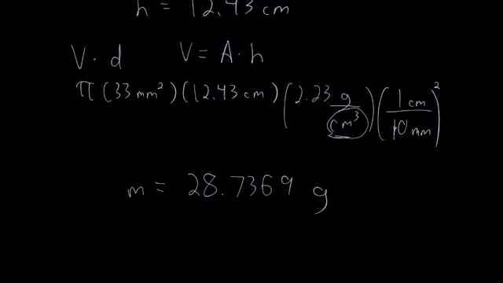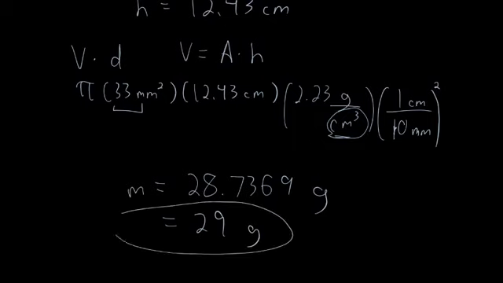And if you use significant figures, where our least precise value is two significant figures at 33 millimeters, we'll simplify this to get 29 grams, which is the mass of our cylinder. And that is the end of the video.